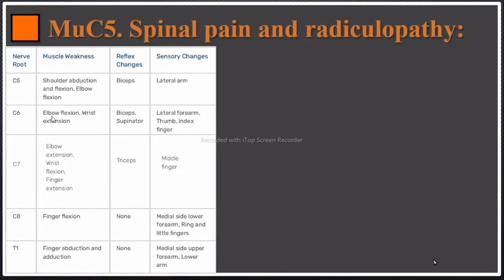And if they mention elbow flexion weakness, wrist extension weakness, C6. Biceps or supinator reflexes, C6. Lateral forearm, thumb or index finger decreased or lost sensation, C6, and so on. The most important thing is to understand the features: there is weakness and maybe absent or decreased reflex, maybe absent or decreased sensation. Middle finger, C7, and so on, okay?